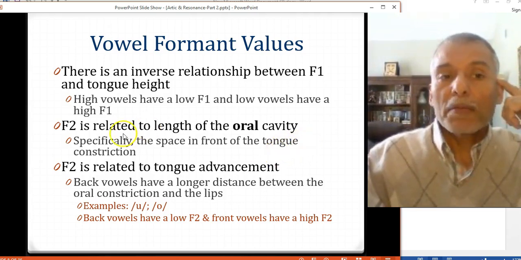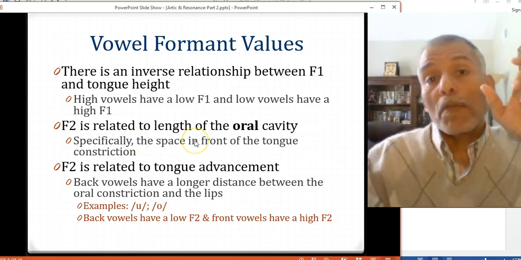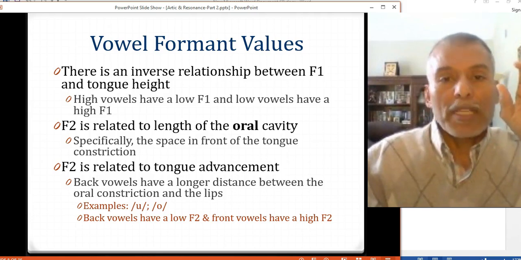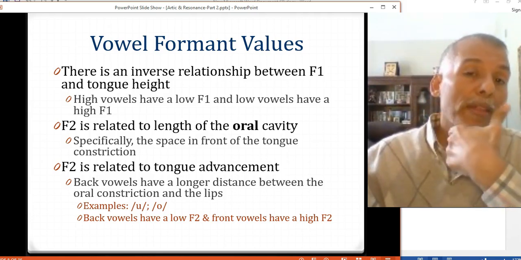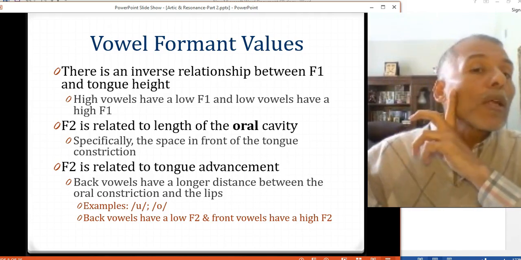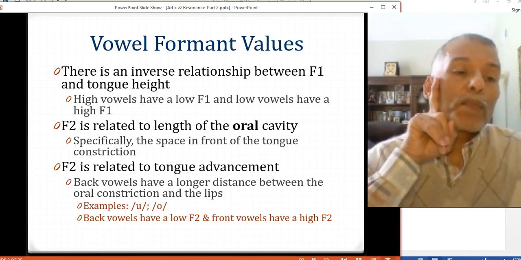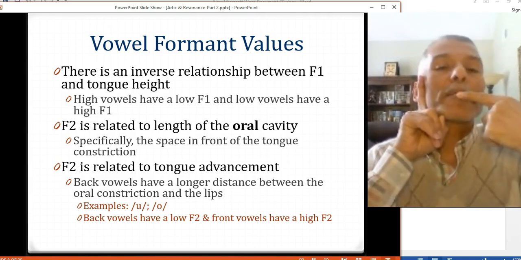F2 now is related to, pay attention to this, the length of the oral cavity. I'm not saying the vocal tract. The vocal tract is everything. I'm saying the oral cavity, where the back of the tongue and the faucial pillars are, to the lips.